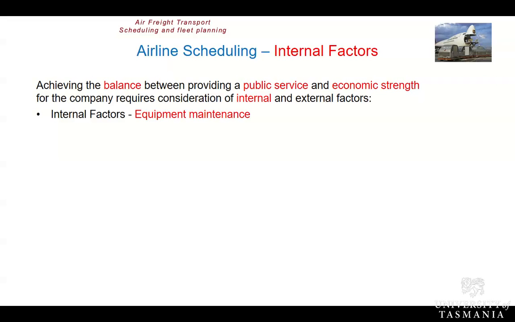And one of the main areas that you have to really be mindful of as an airline scheduler is this issue around equipment maintenance. Probably close to the most rigid regulation around the use of equipment is an aircraft because of the potential ramifications if it's not done correctly.